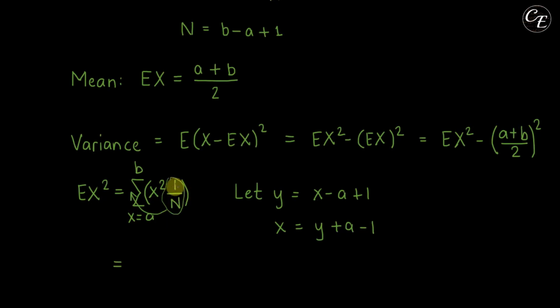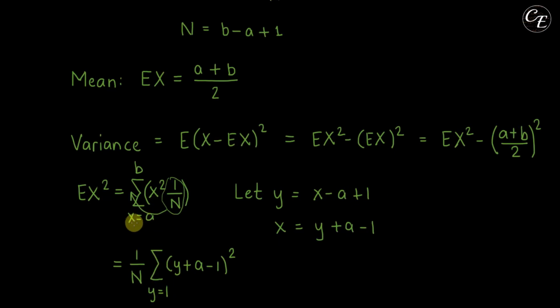So we have this 1 over n, and then summation of, for x we have this, and then squared. And then it is from y equals, when x is equal to a, here y is equal to a minus a plus 1 or just 1.